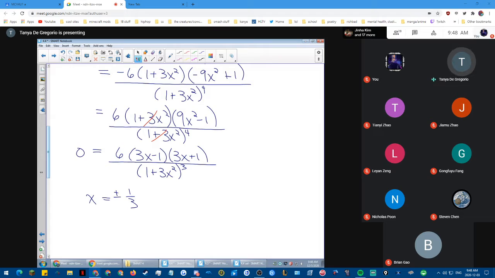Now go ahead and sub in those x values and let's get those actual points. I think both y values are 3 over 4. Yes, you're correct. Good. Okay, so these are now possible POIs.